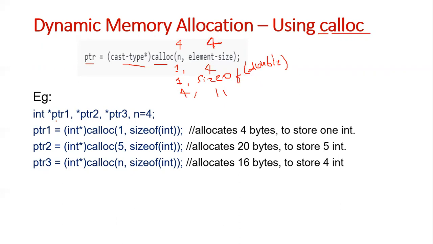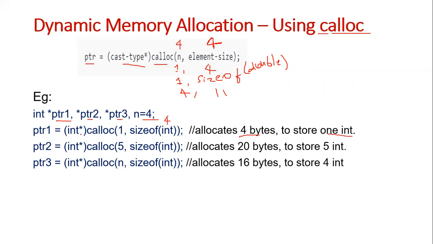Again, we are creating 3 pointers ptr1, ptr2, and ptr3, and there is a variable n which is assigned 4. If you want to allocate memory for holding only one integer, then you do it like this: ptr1 equal to (int *) calloc(1, sizeof(int)). The size of integer is 4. So 1 into 4 is 4. It will allocate 4 bytes of memory to store one integer.